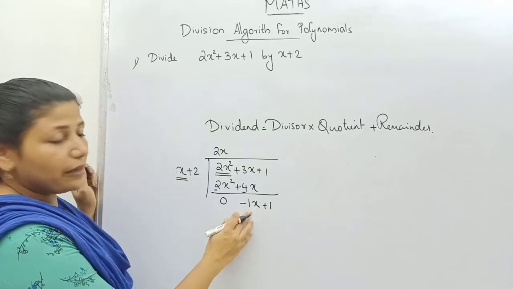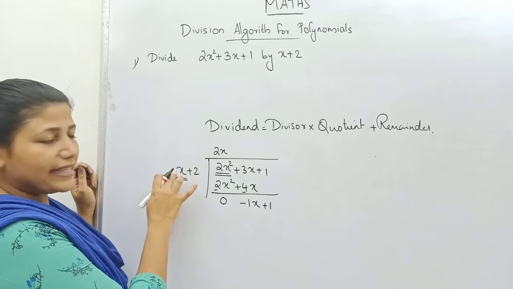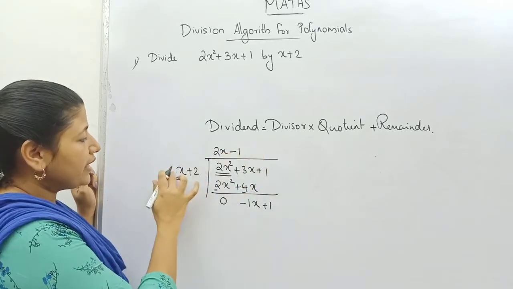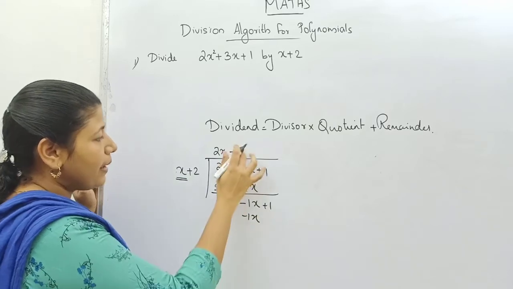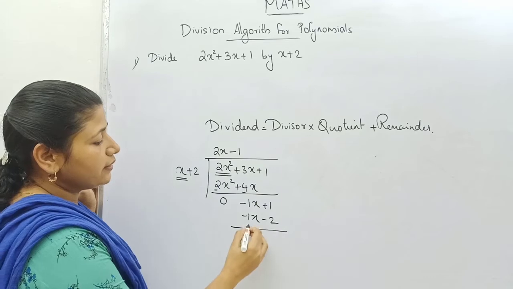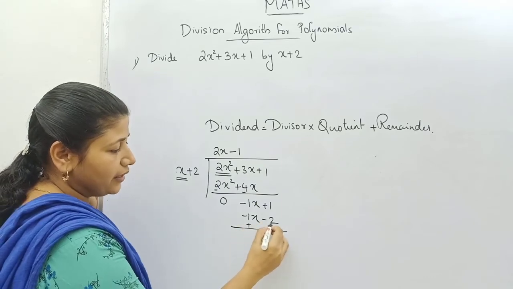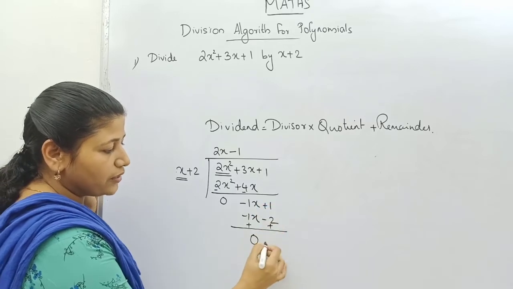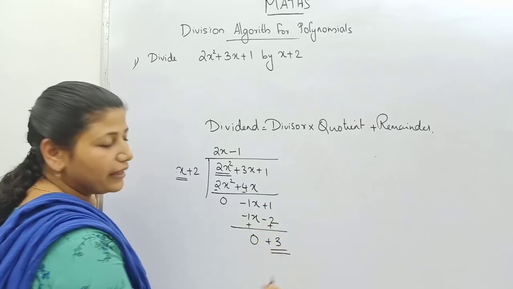Now we need minus 1x, here only x is there, so we can write here minus 1. Then minus 1 into x is minus 1x, minus 1 into 2 is minus 2. Here also you can change the signs, you will get plus. So here it will be 0, and here 1 is plus and 2 is also plus. You will get the remainder as 3.